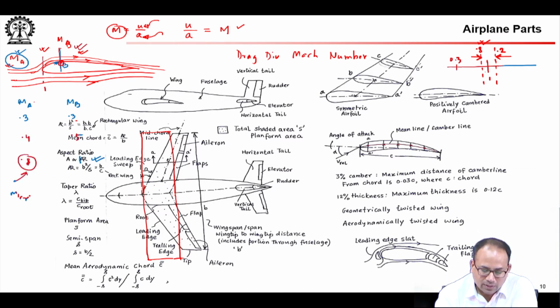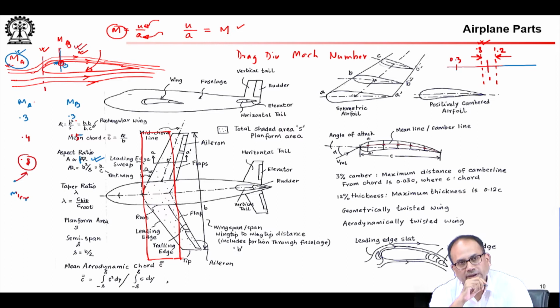Now, if you plot the drag on this, we have not talked about drag on an airfoil yet, we will spend enough time on the drag of an airfoil, but at this point just for the sake of general knowledge, take it for granted. Of course, we have to show it in detail.